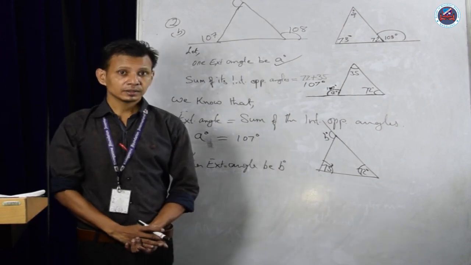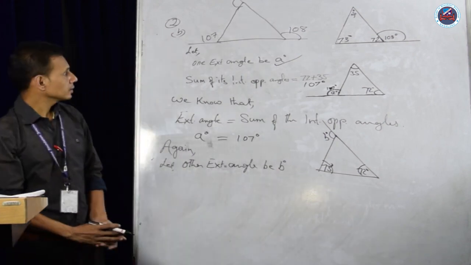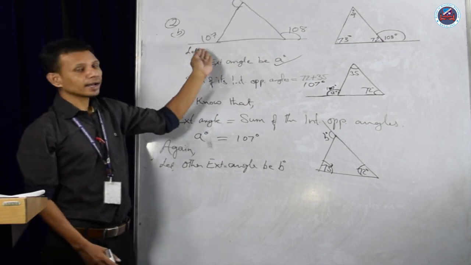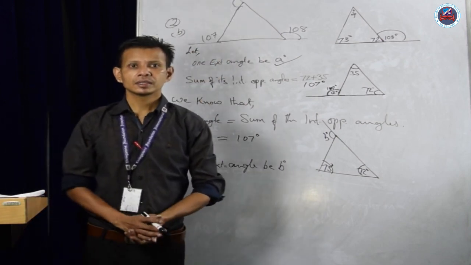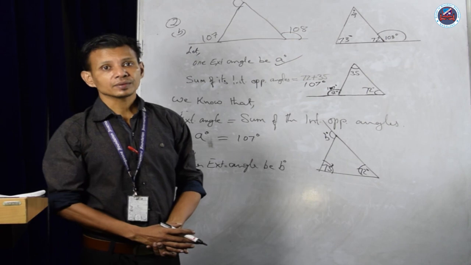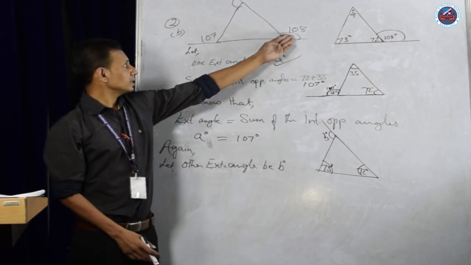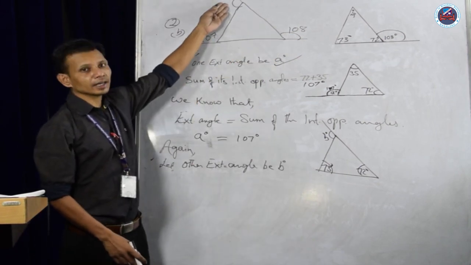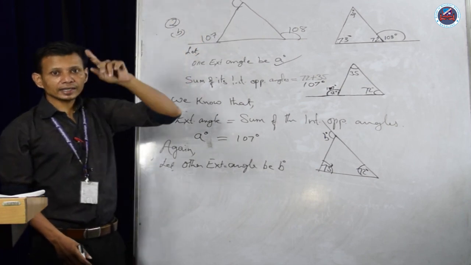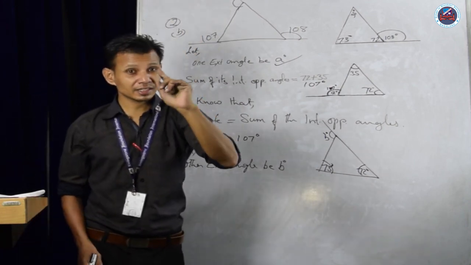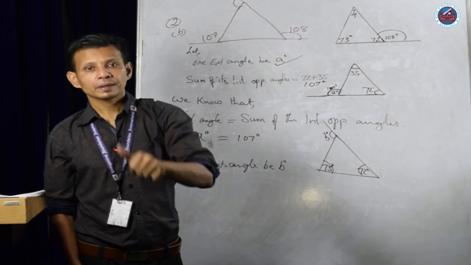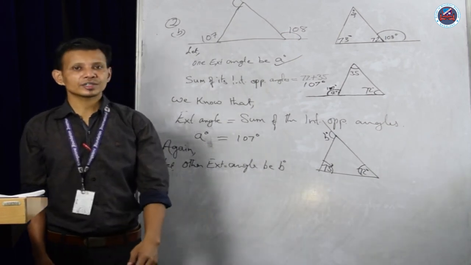Can you check? Yes. When you add up the entire exterior angles, you will get 360 degrees. Add up these, and if you are getting 360 degrees, your answer is correct.